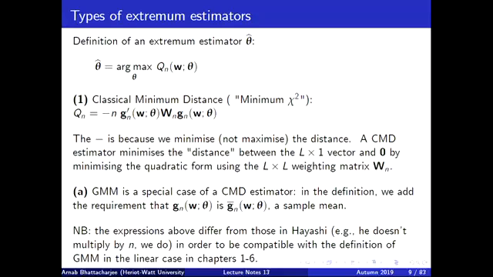Because the theoretical moment conditions are in general more numerous, we have to use a weighting matrix here. So what were we trying to match? We were not trying to match y to its prediction. We were trying to match the theoretical moments to the empirical data moments. That is what we were doing in GMM.